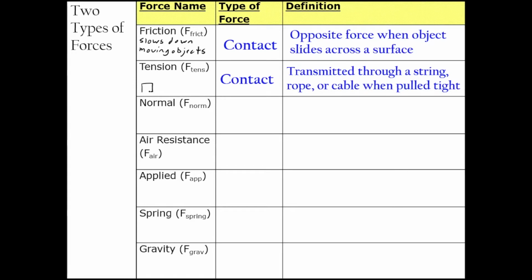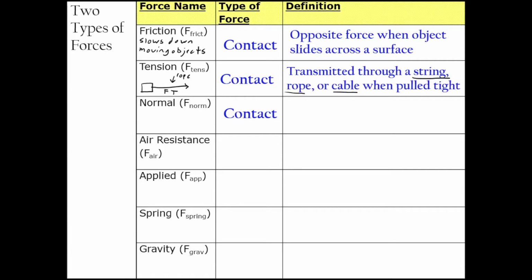So again, imagine I have this box, but this time I'm pulling this box with a string or a rope. Because it's a rope, this time it's tension that is acting on this box. So tension is what's pulling it. Again, tension can only be present if we have a string, a rope, or a cable.